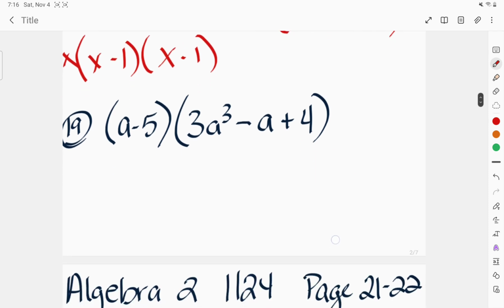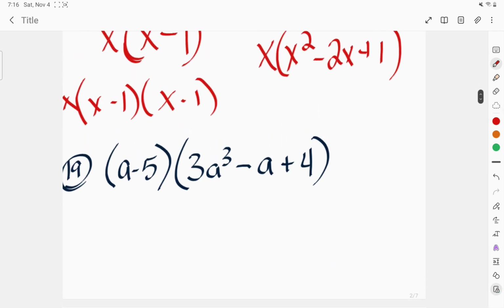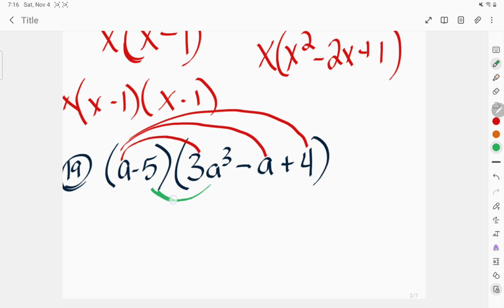All right, the last one that we're going to do is number 19. And again, it's the same thing. You just multiply by everything. And then when you do that, you're going to make sure that you combine your like terms, okay?